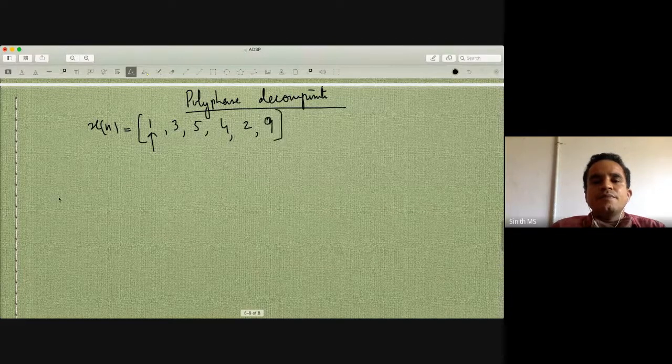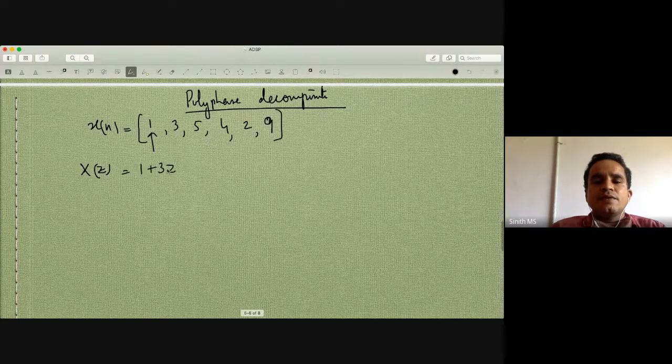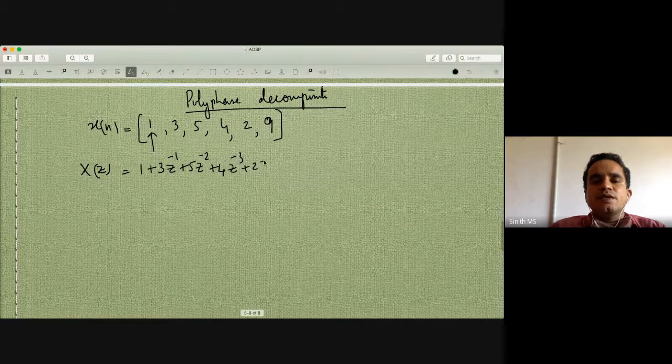Okay. Suppose this is your x[n], you can write X(z) as 1 plus 3z inverse plus 5z raised to minus 2 plus 4z raised to minus 3 plus 2z raised to minus 4 plus 9z raised to minus 5.